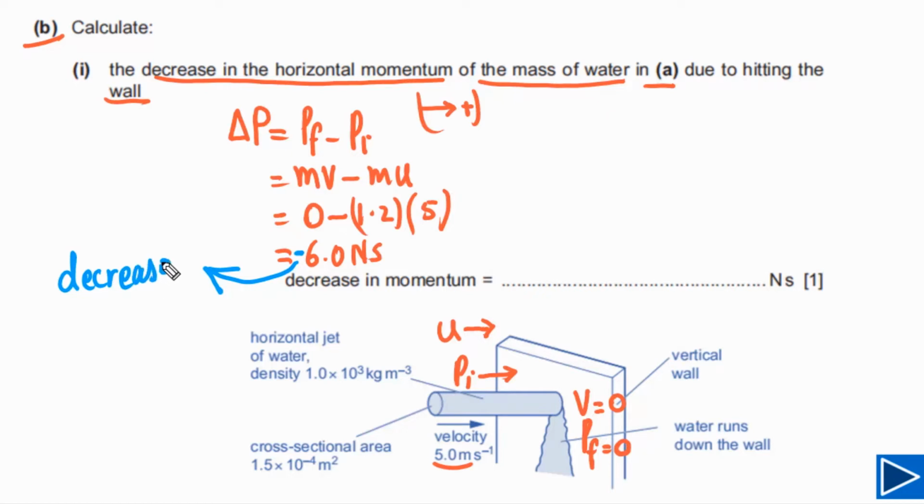It means momentum decreases. So our final answer for this question is 6.0 newton second. This negative sign is representing decrease.